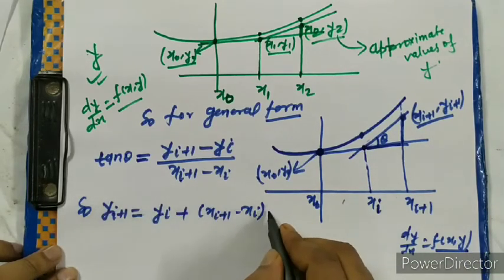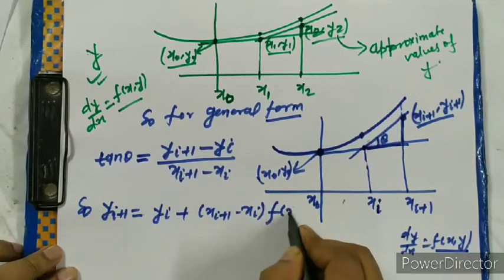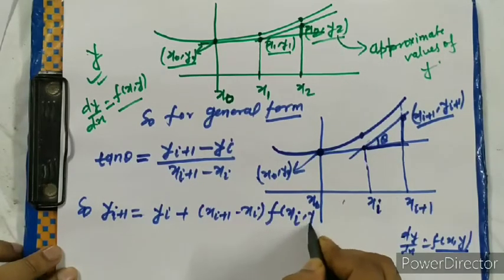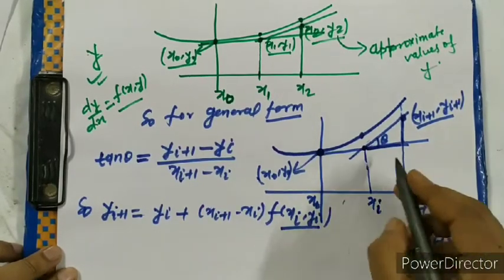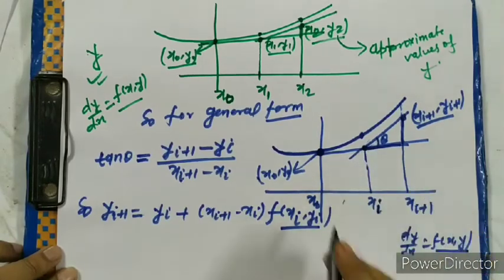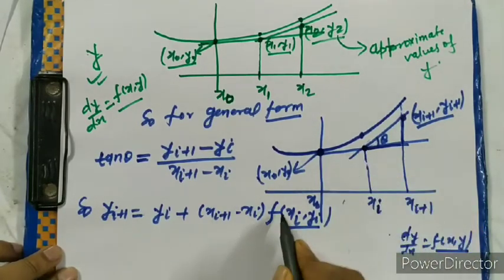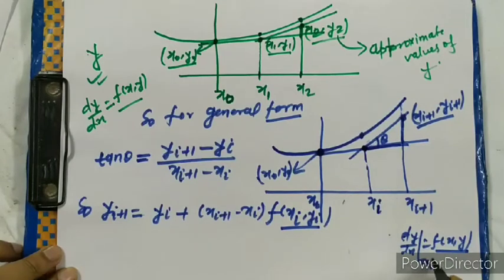So tan theta is slope, so we can write this as the slope at (xi, yi). We have to find the slope at xi, so dy by dx at xi is f(xi, yi). Is it clear?